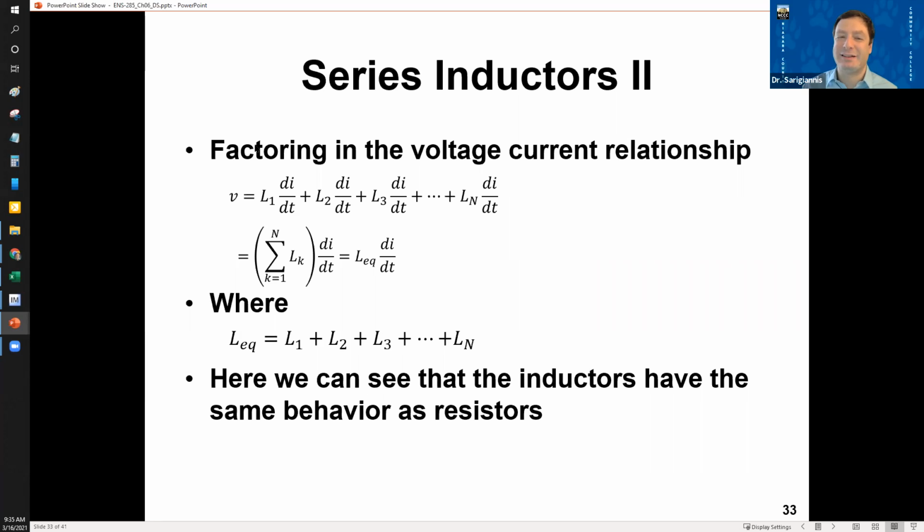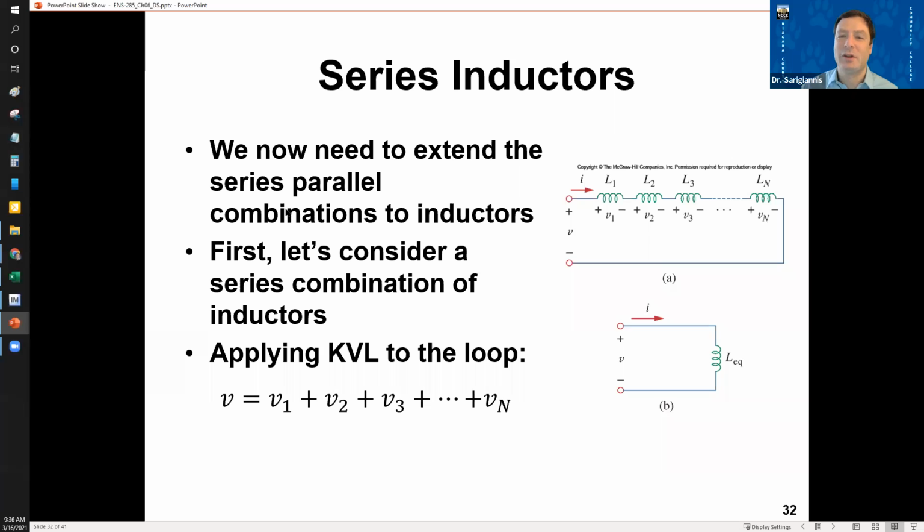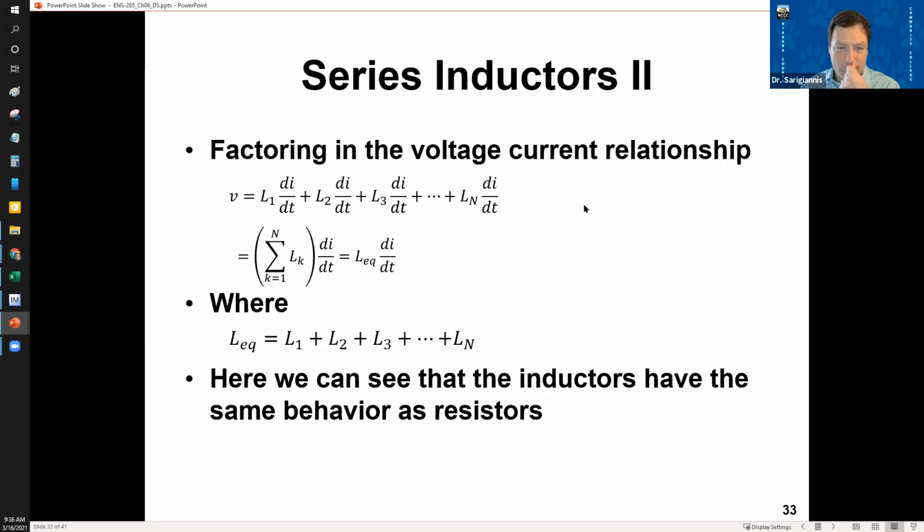By doing what to these things? Well, let's see. The sum of the voltages is just going to be inductor number 1, L1 di/dt. So how are the currents changing through this inductor? You've got inductance 2 times that di/dt, et cetera, et cetera.